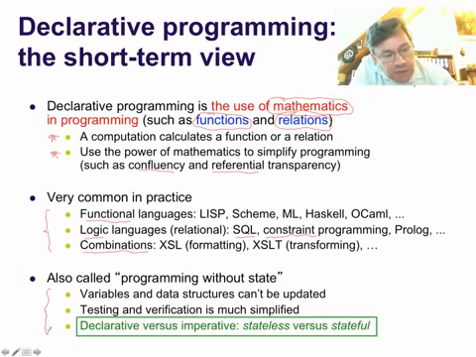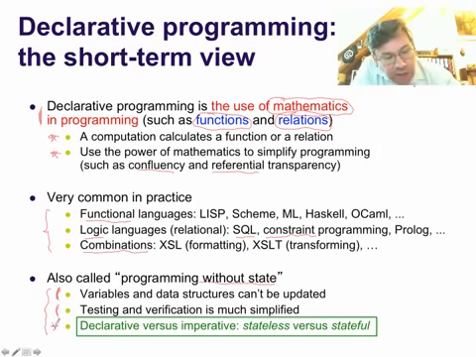This form of programming using mathematics is also called programming without state, where state is the ability to update or destructively assign data structures. So in this declarative approach, using mathematics, we don't update. We create an entity and keep it, which causes testing and verification to be much simplified.